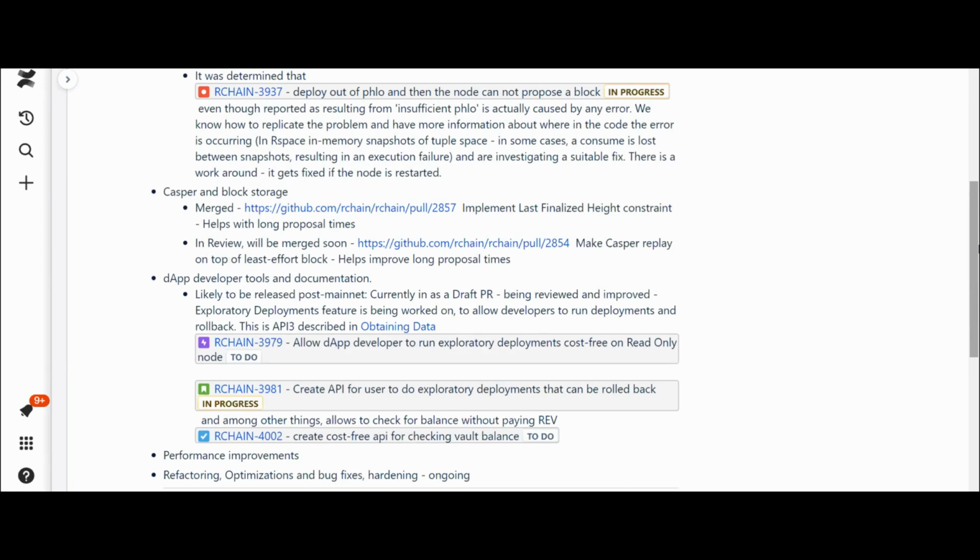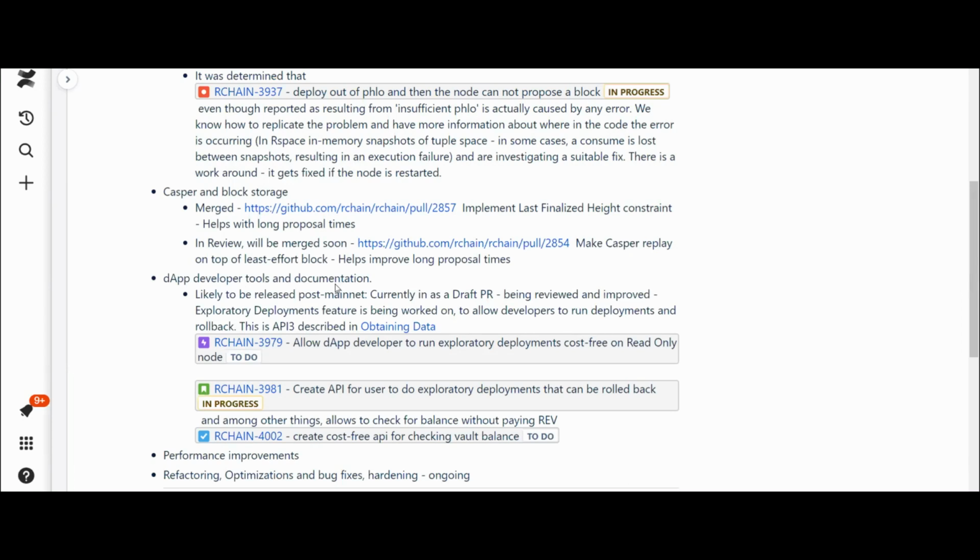The 2857 PR is about giving a parameter to constrain the height of the last finalized block, number of parents, and all that. The 2854 is making the replay a little bit more efficient by having it replay on top of the block that would take the least effort. So those are a couple of improvements in there.